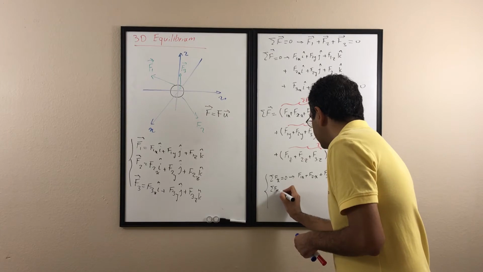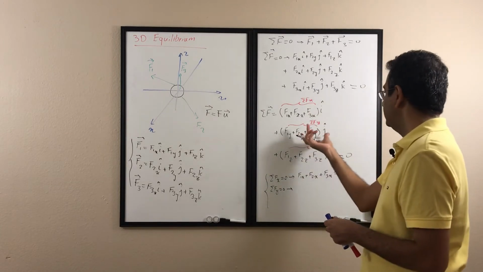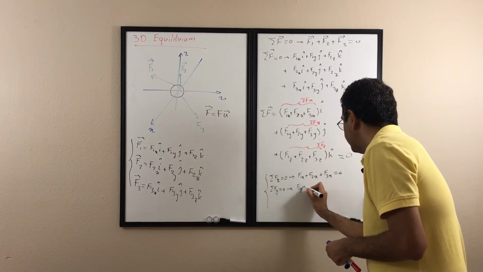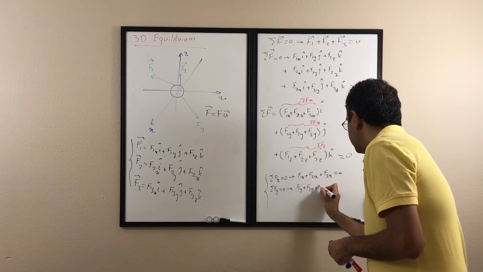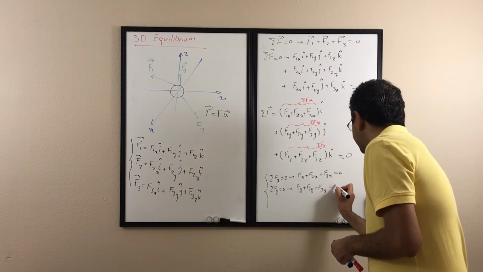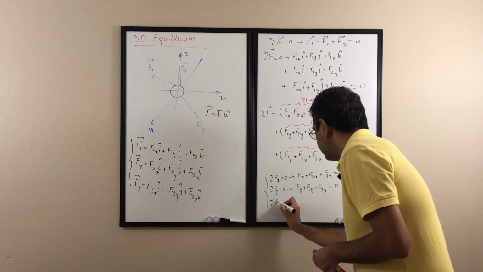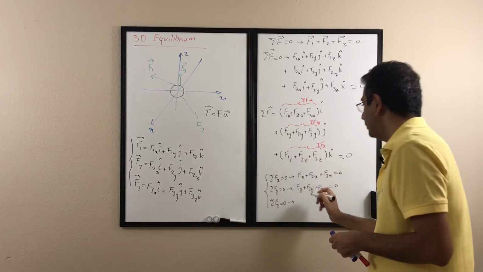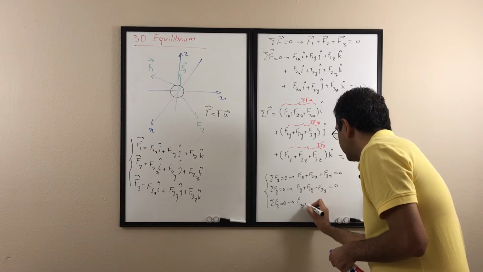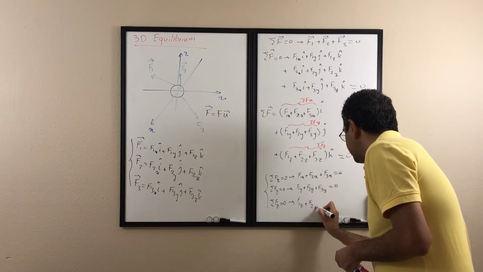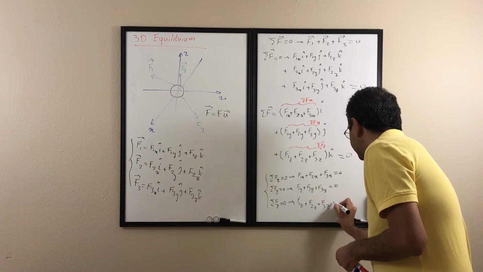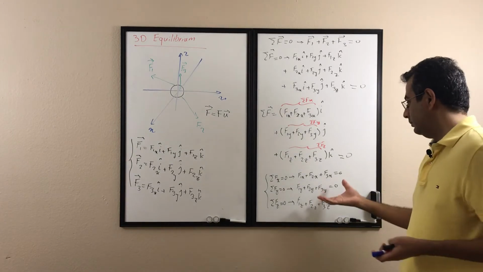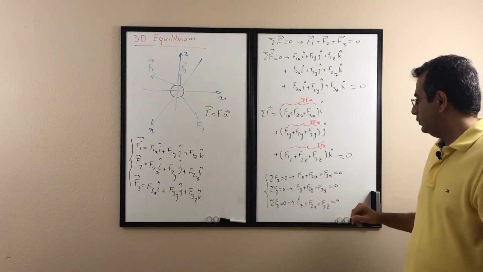Sigma Fy is equal to 0, which is all the components of j: F1y plus F2y plus F3y is 0. And all the k components have to be 0: F1z plus F2z plus F3z is equal to 0. So it gives you 3 equations, 3 unknowns, and you can solve it to get all the values you want.